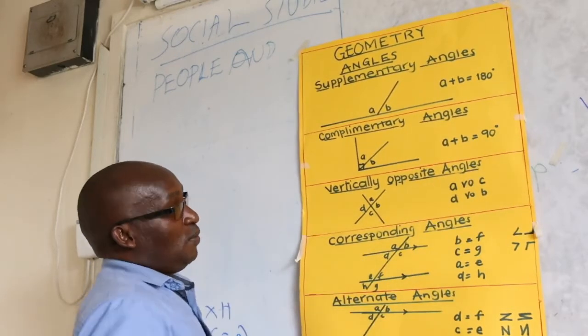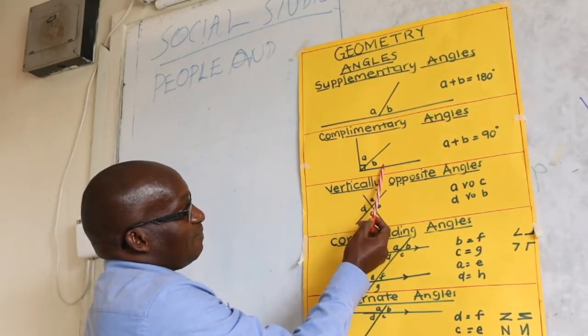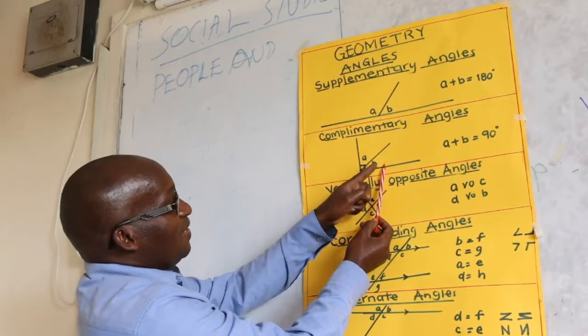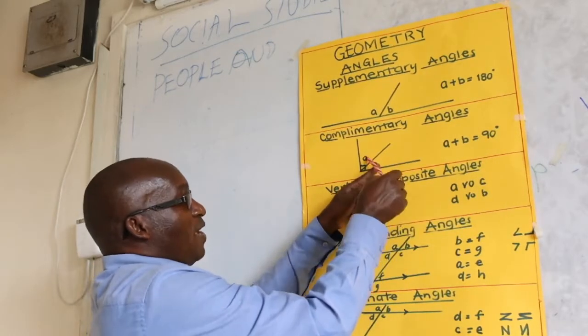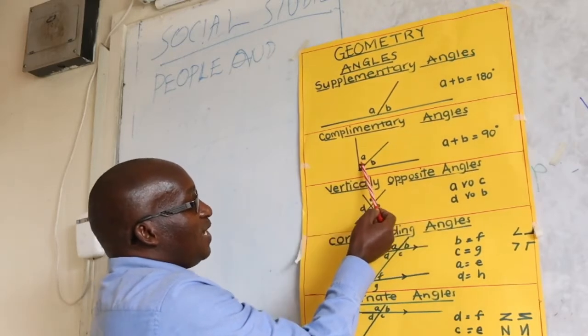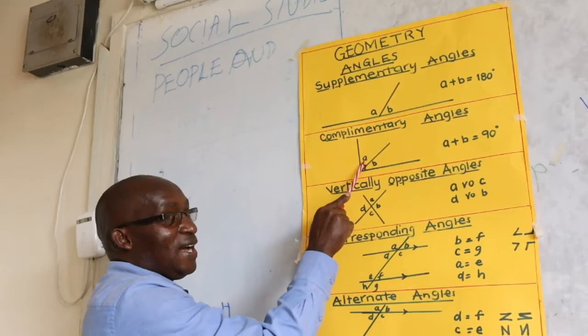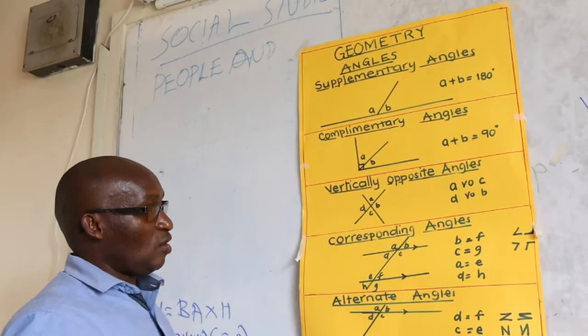For example, if this angle is 30 degrees, then since angle A plus angle B will give you 90, to get the value of angle A, you will take 90, subtract 30, and you get the value of angle A as 60.